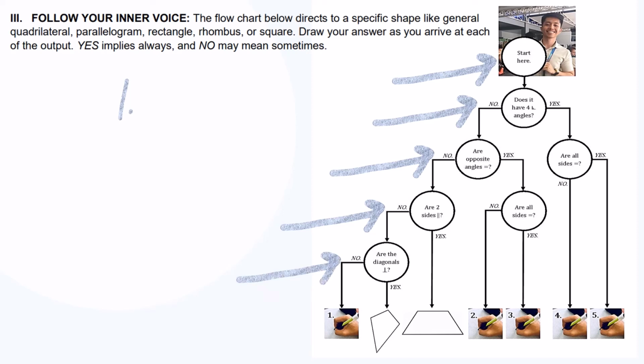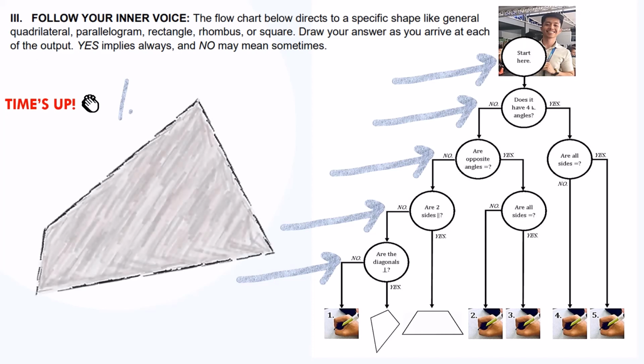Draw your answer. Your 5-second timer starts now. Okay, the correct answer is a general quadrilateral. So your drawing may vary. As long as you draw a general quadrilateral satisfying the given statements, your drawing is correct.